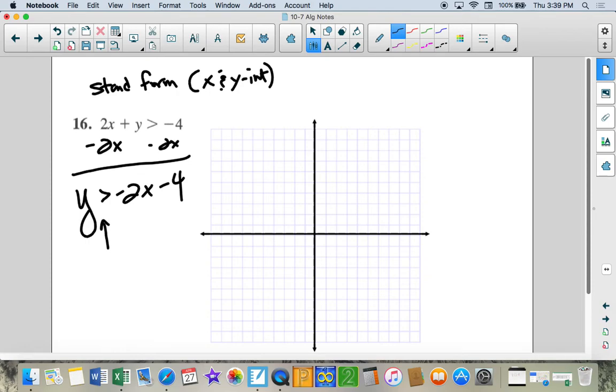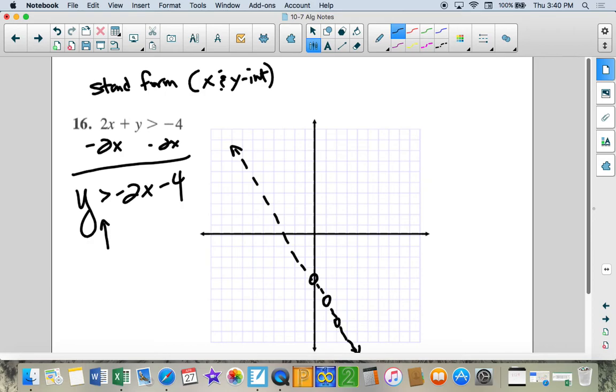Notice it is greater than, so I'm going to have to use open circles and dotted line for my border. So negative 4, 1, 2, 3, 4, open circle. My slope is down 2, right 1. Open circle, down 2, right 1, open circle. I'm going to use a dotted line to represent the border.